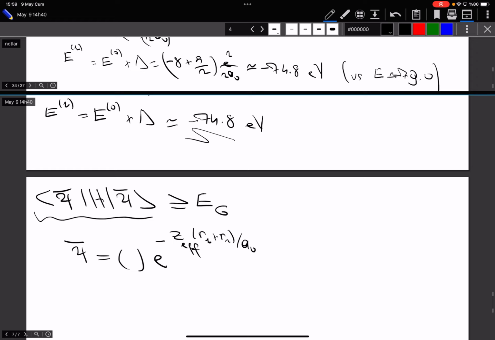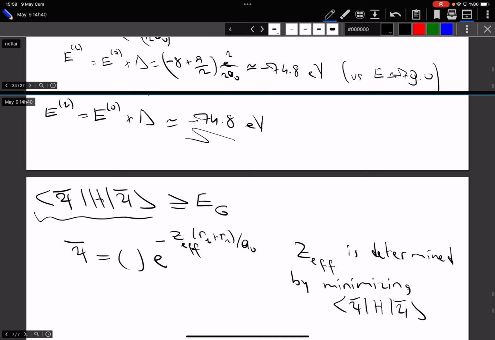Here, Z effective will be determined by minimizing this matrix element.